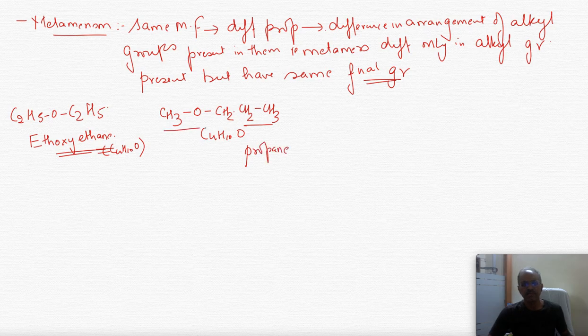And this is methoxy. See, IUPAC is coming everywhere. Methoxypropane. Propane, why? Because it is the longest carbon chain, and that will be in the suffix. Methoxypropane. So these two are metamers of each other. Now this happens in the case of ethers, right?